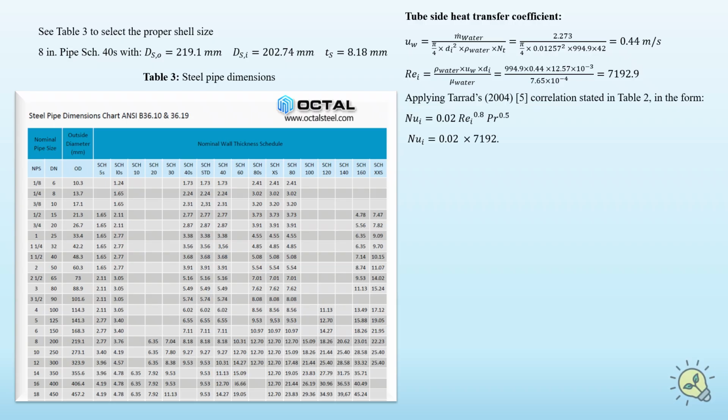If we substitute these values for Reynolds and Prandtl, then we will end with a Nusselt number of 55.1. And from the definition of Nusselt number, we may get the heat transfer coefficient on the tube side to be 2730.9 watt per meter square Kelvin.